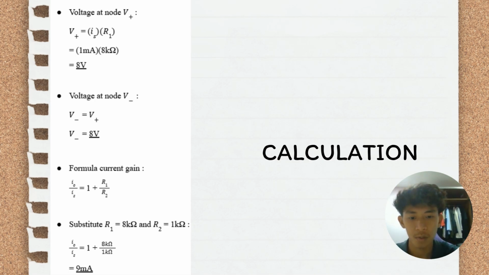To calculate the current gain, we substitute the value of R1, which is 8 kilo ohm, and R2, which is 1 kilo ohm, in the equation. So I0 over IS equals 1 plus 8 kilo ohm divided by 1 kilo ohm. The value of the current gain that we got is 9 milliampere.